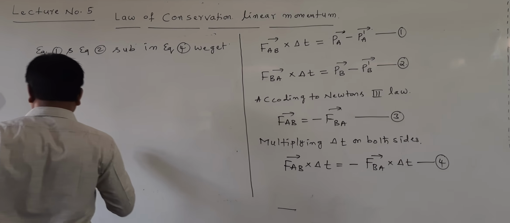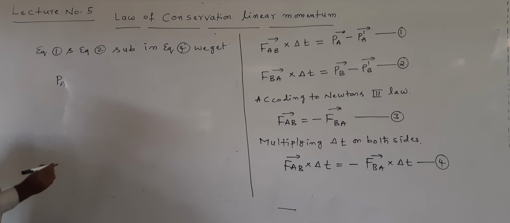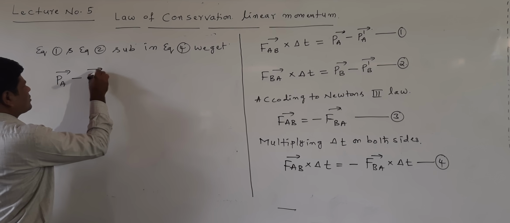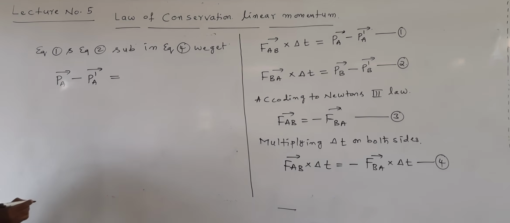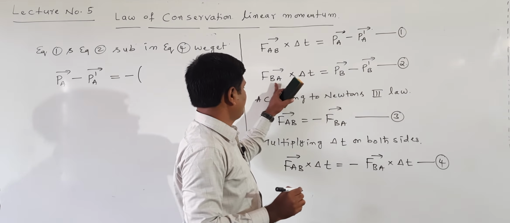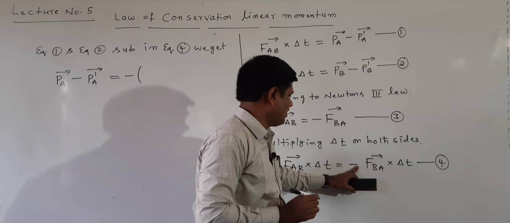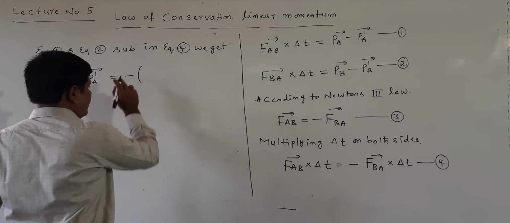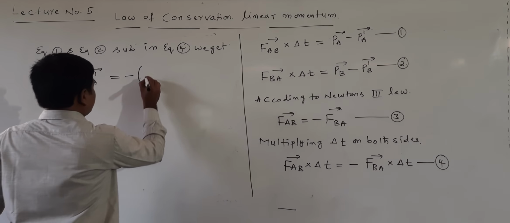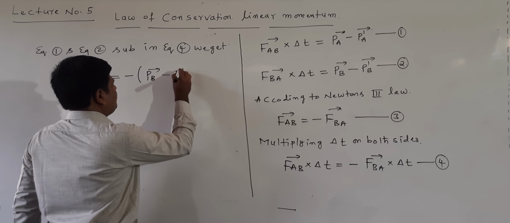Now FAB bar into delta T can be written as PA bar minus PA dash bar is equal to minus of, here minus is there. This value is equal to FB bar into delta T, which is PB bar minus PB dash bar. Here already minus is there, as usual minus writing. FA bar into delta T, I have written as minus of PB bar minus PB dash bar.